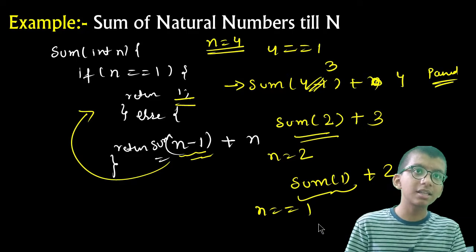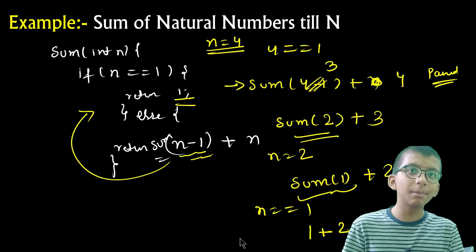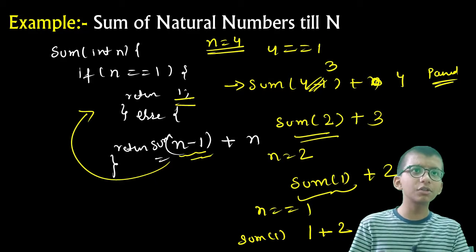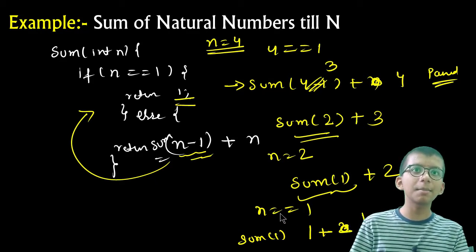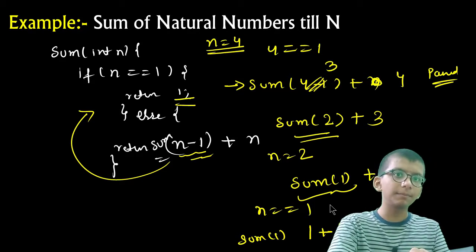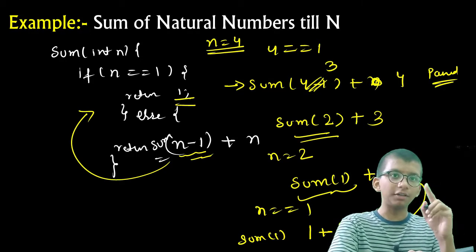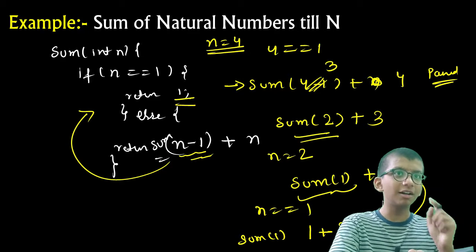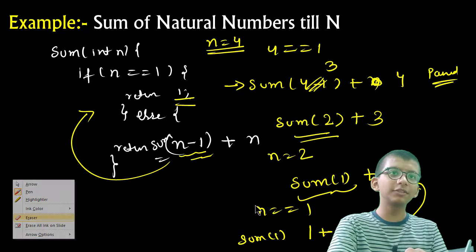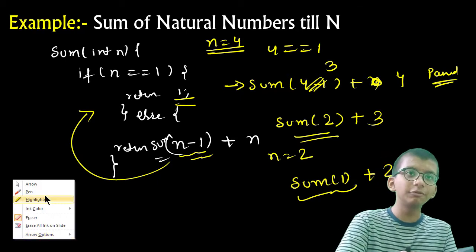It is waiting for sum of 1, so it goes up, and the sum of 1 is 1. I removed some of the earlier working because it might be confusing. So we know that the sum of 1 equals 1.